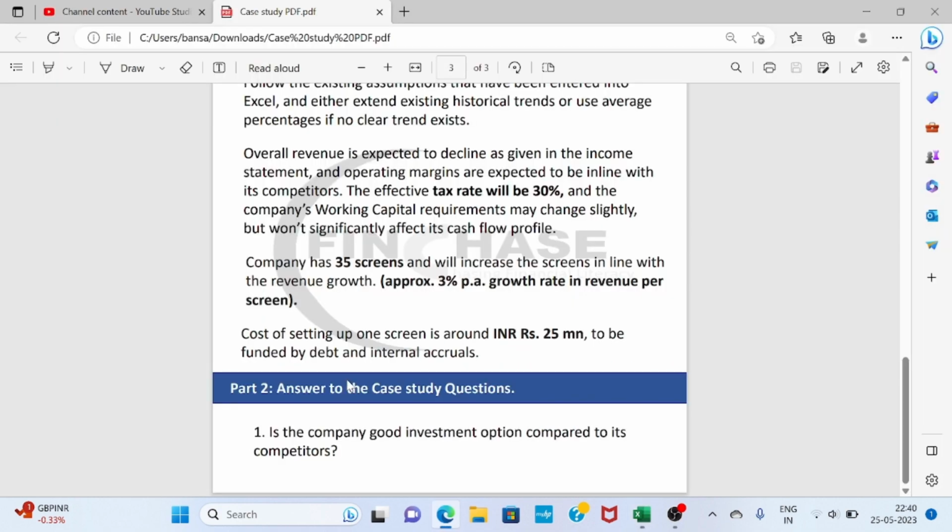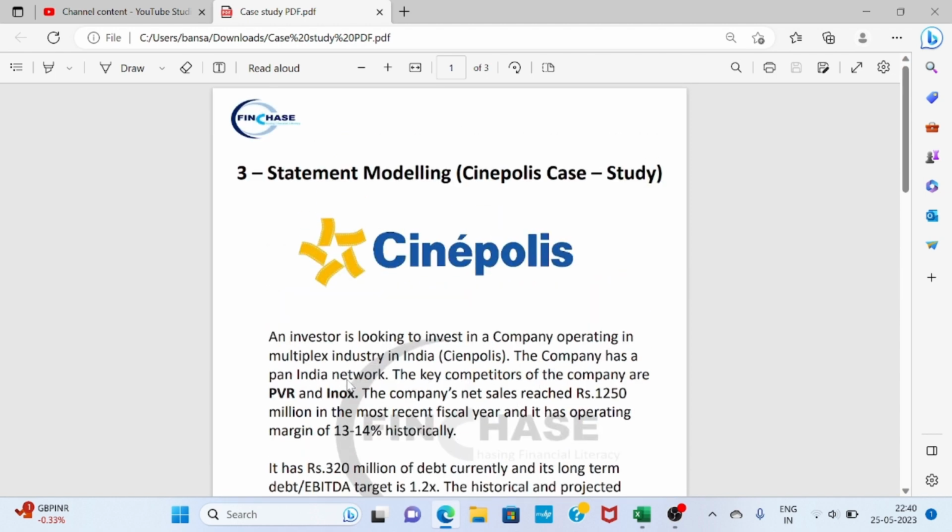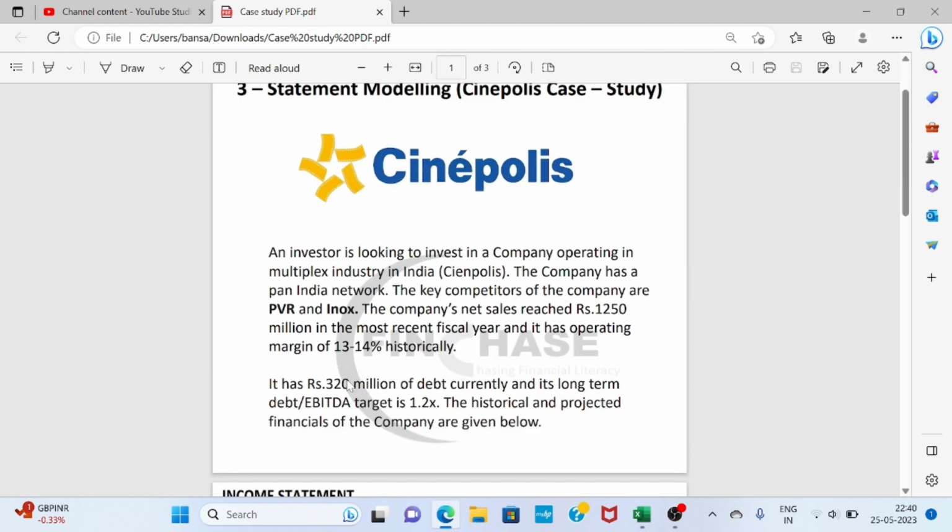So let's come back to the case study, and we will go line by line. There is an investor who is looking to invest in a Cinepolis multiplex company, and the key competitors for Cinepolis are PVR and Inox. But now PVR and Inox have merged together and are known as PVR Inox, so it is one competitor now.